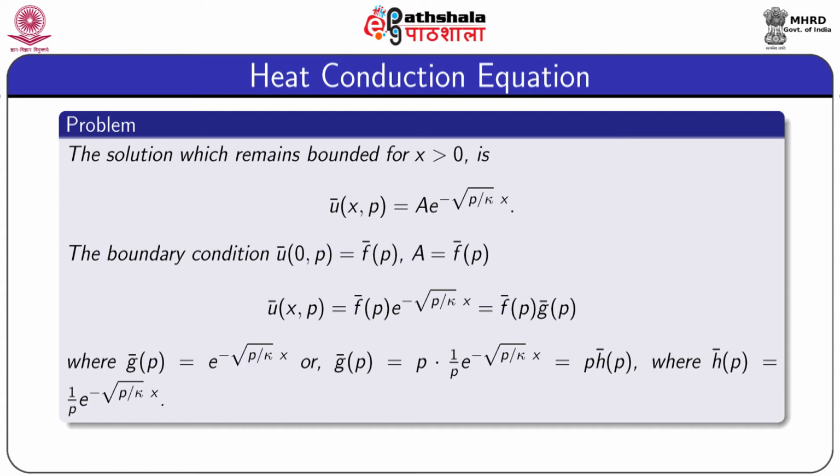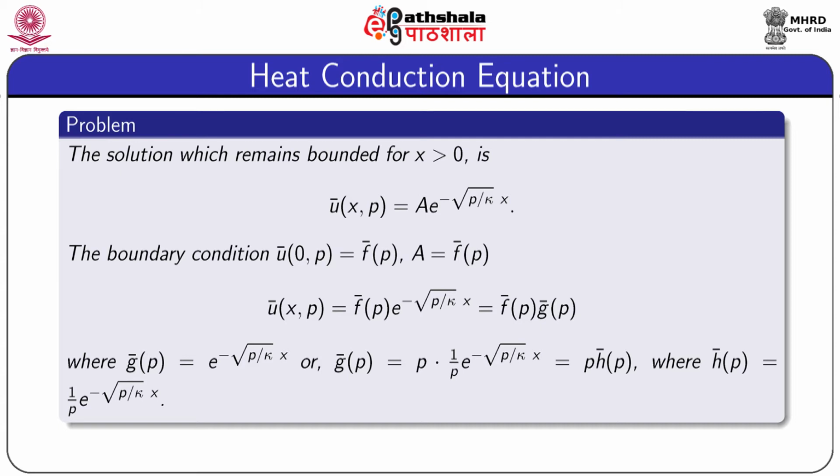In this case, the inverse transformation of f bar p is f(t), which is known to us, but we need to find the inverse transformation of g bar p, where g bar is given by the exponential function, which is written here.